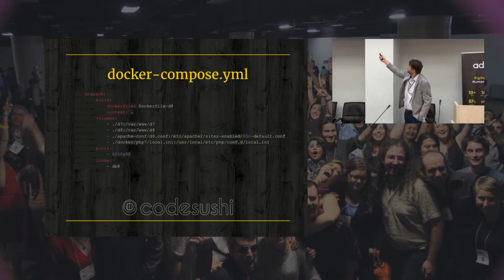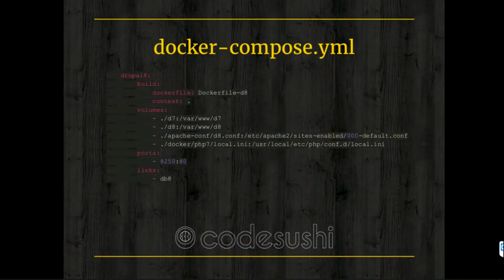And here is the interesting part, which tells Docker to map ports, particularly port 8250 to port 80. So whenever you type in localhost:8250, you should go to this, and it's linking to the DB8.